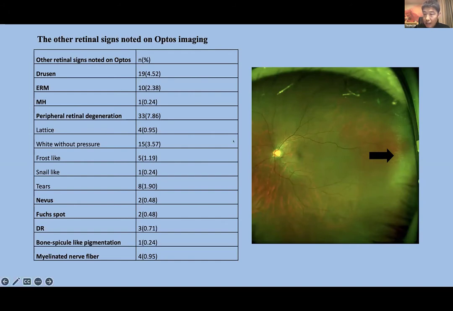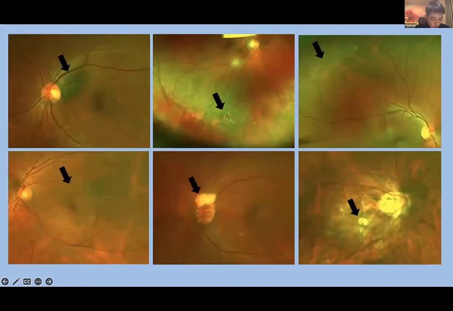This is the classic picture of the peripheral degeneration. The epiretinal membrane here is also seen. Tears and also the spots, lattice, we can see on ophthalmic imaging.